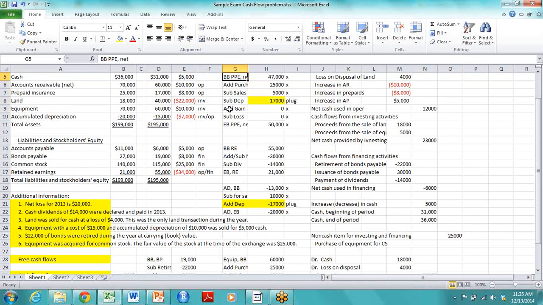So the beginning balance PP&E net, this $47,000 is the book value of the equipment at the beginning of the year. This $50,000 is the book value of the equipment at the end of the year. So that's how I got the beginning and ending balance. And I think I put formulas in there, so when I post this, you can see as well.